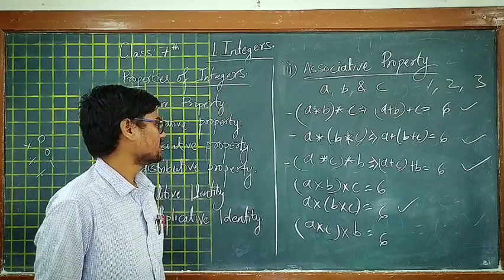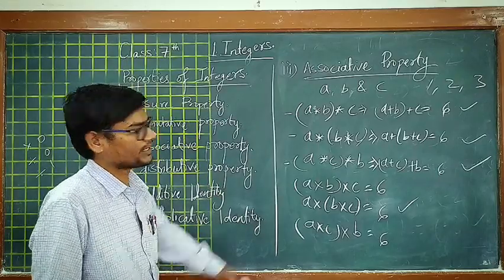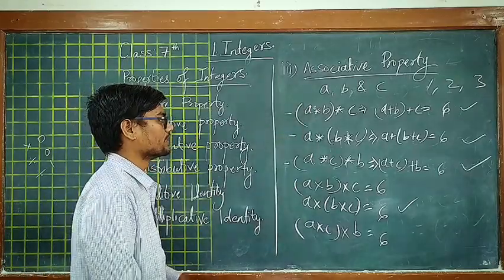What about the division? Since division does not follow the closure property and commutative property, it will not follow associative property.